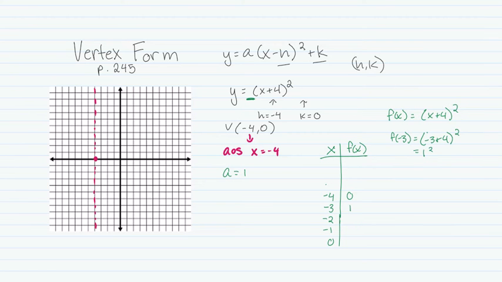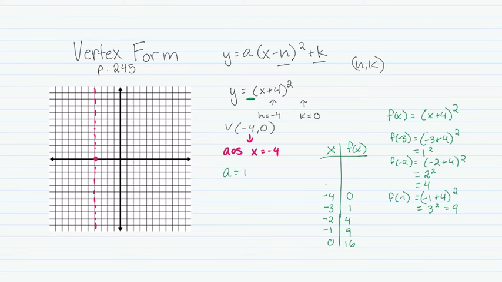So that is 1. F of negative 2 is (negative 2 plus 4) squared, that is a positive 2 squared, which is equal to 4. F of negative 1 is (negative 1 plus 4) squared, which is 3 squared, which is 9. And 0 is going to give me 16.